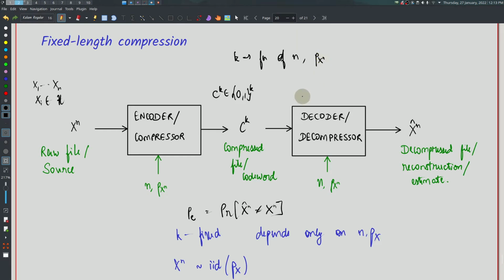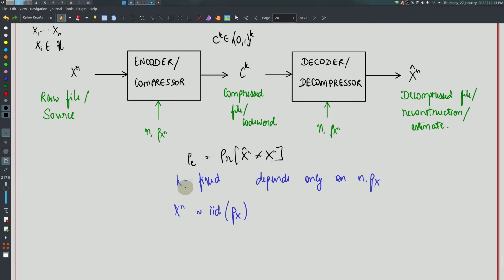Because if the distribution changes, then intuitively we do feel that k should change with Pxn, right? So k will depend on n and Pxn, but it does not depend on the actual realization of the raw file, right? So for different sequences of the same length and coming from the same distribution, k does not change.